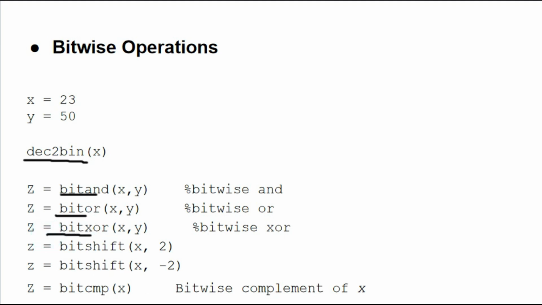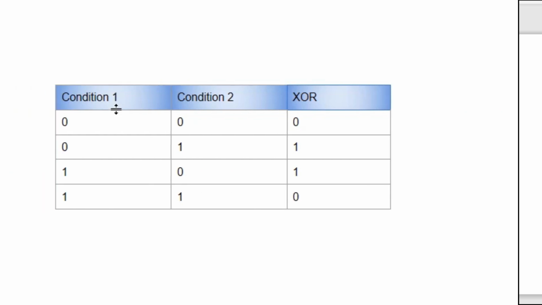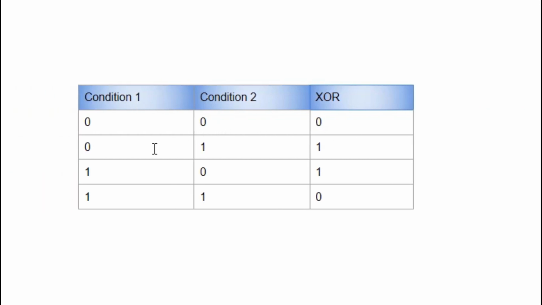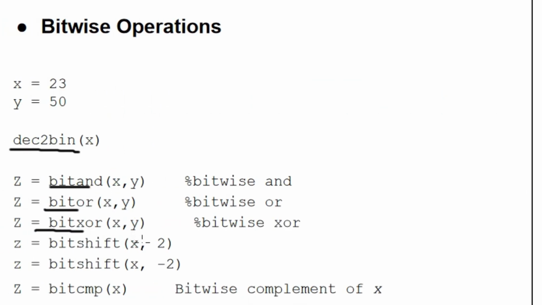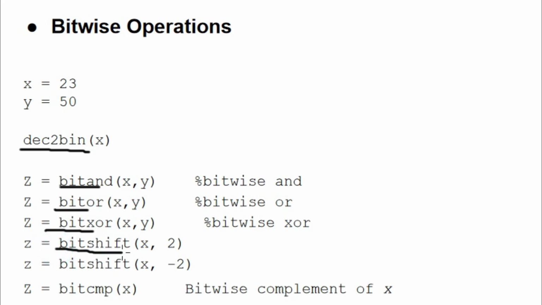For bitxor, when we have 0 0 it gives 0, when we have 0 1 it gives 1, when we have 1 0 it gives 1, and when we have 1 1 it gives 0. When the inputs are equal it gives 0, and when the inputs are unequal it gives 1. bitshift does both right shift and left shift, and bitcmp is the bitwise complement.